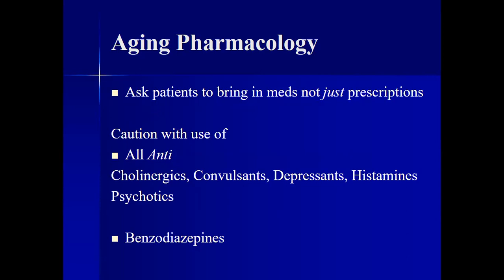So there is another rule: ask the patients to bring the medications, not just the prescriptions. You should make sure that they know what they are taking as medications, because many times they have some comprehension problem. They recognize the medications by names and colors, so that's sometimes confusing.